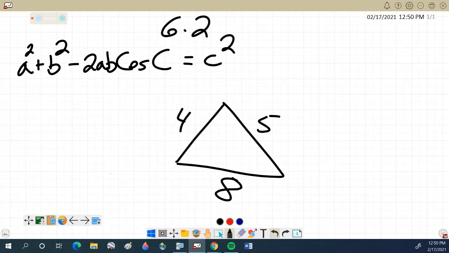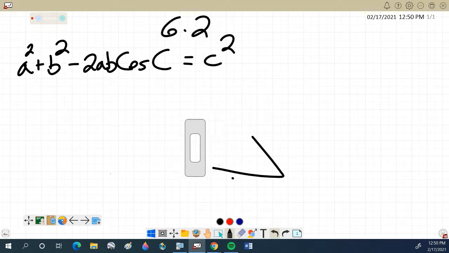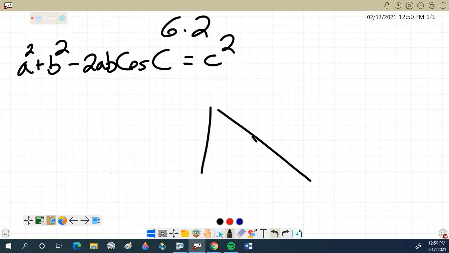It turns out this is not the only formula. There are actually 3 law of cosines formulas. And if you know one, you know the other 2. And if you know the Pythagorean theorem, it's really easy to come up with this. So how does this work? Well, we have to label our triangle. Actually, let me draw a different triangle.